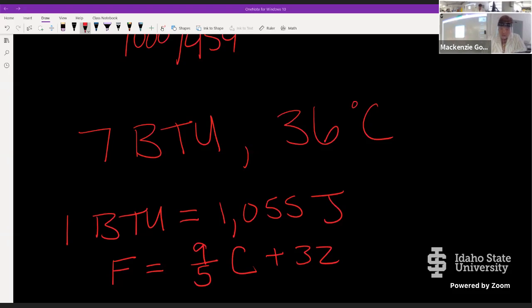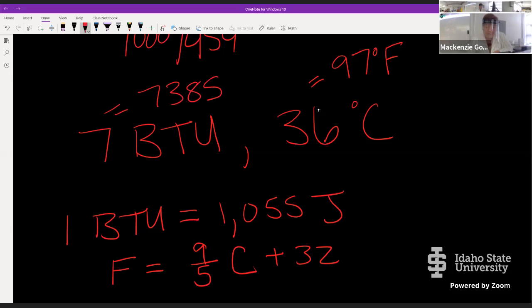So 36 degrees Celsius equals 97 degrees Fahrenheit, right? And 7 BTUs, how many joules is this? 7,385, I think. Good.